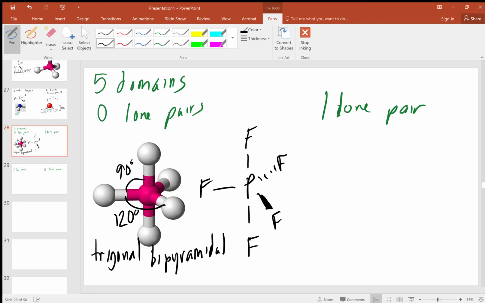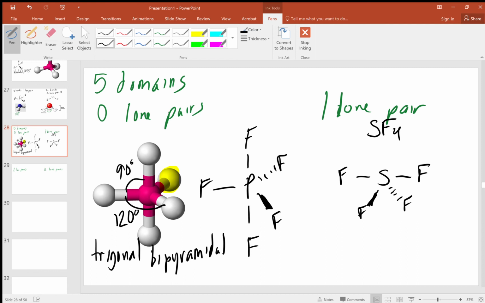Now with this structure, if we're going to add a lone pair, we actually have a difference in the positions. And so the lone pair is going to go to the spot where there's more room. And that's going to be one of these spots where the bonds are further apart. So an example of this molecule might be something like SF4. So here's our representation in 2 dimensions.